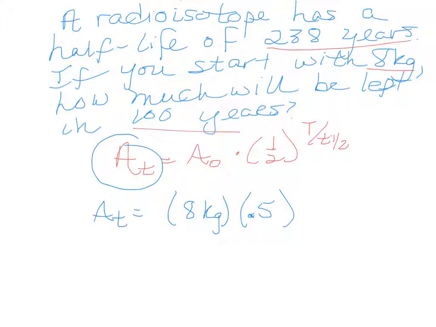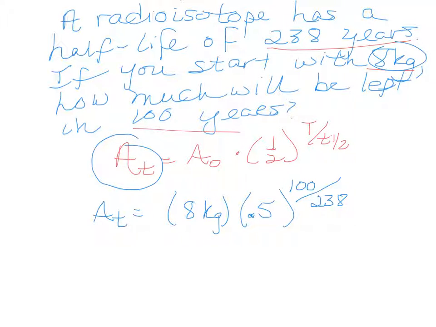The total time that has passed is 100 years, and the time for one half-life is 238 years. So in other words, one total half-life hasn't yet transpired. And so we started with 8 kilograms, so just using your common sense, it shouldn't be reduced even by half yet. So something more than 4 kilograms better be left.